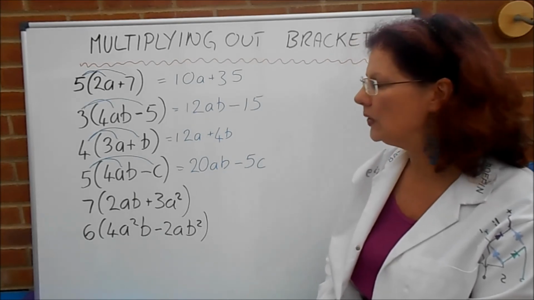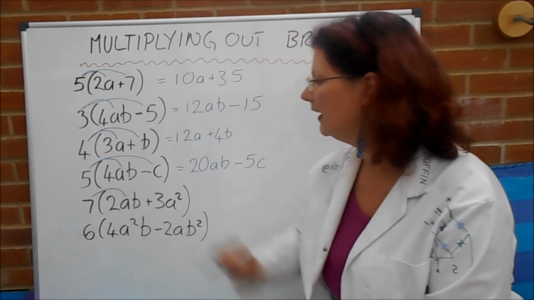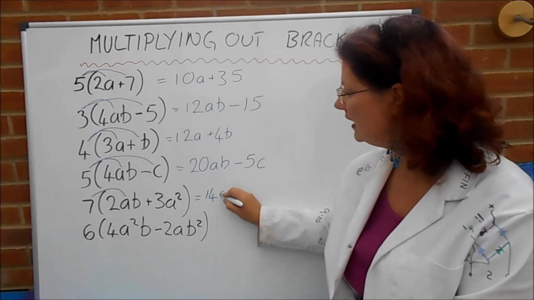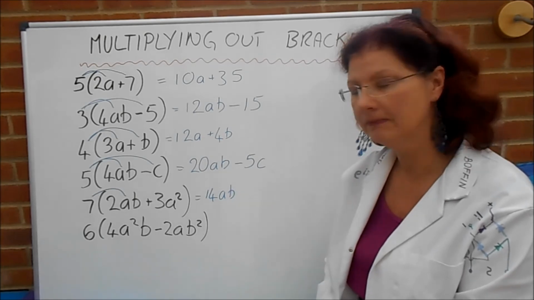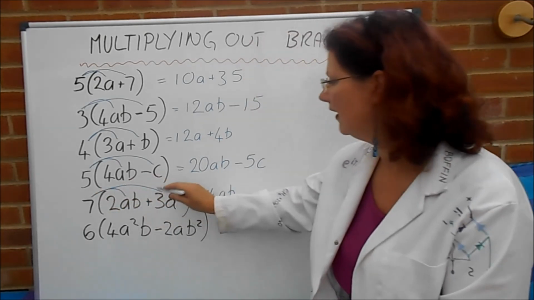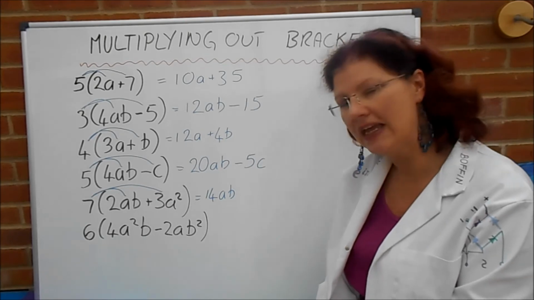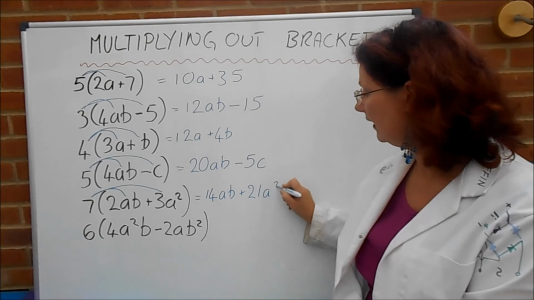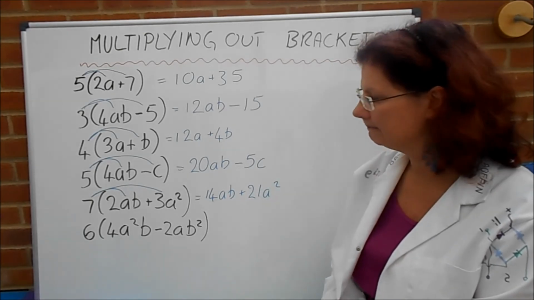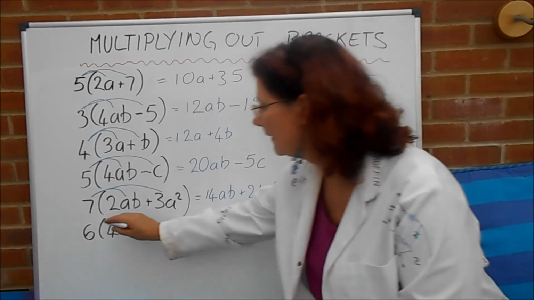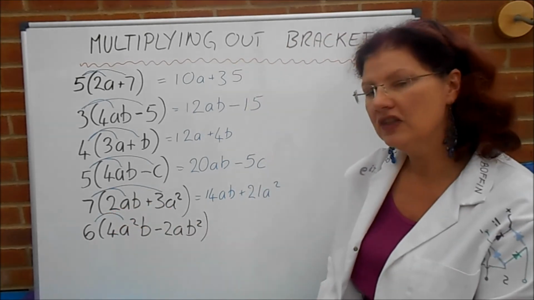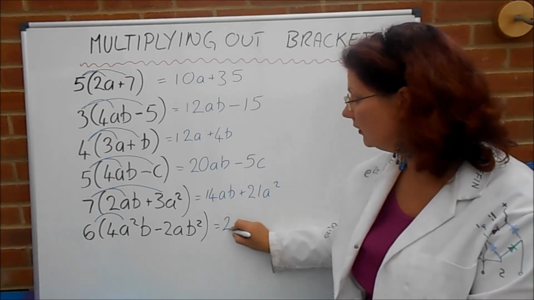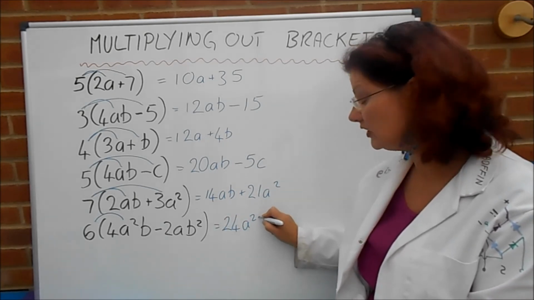Getting down to the slightly harder ones now. 7 times 2 times A times B, that's 14AB. And then 7 times 3 times A times A, 7 times 3, 21. A squared, 21A squared. And the last one down here, 6 times 4A squared B is 24A squared B.